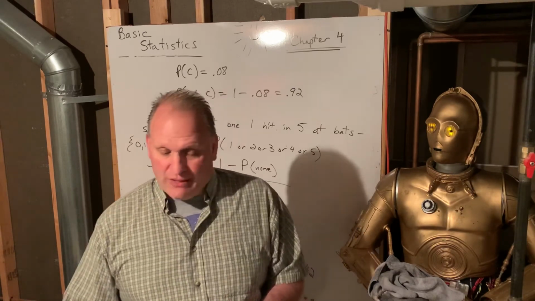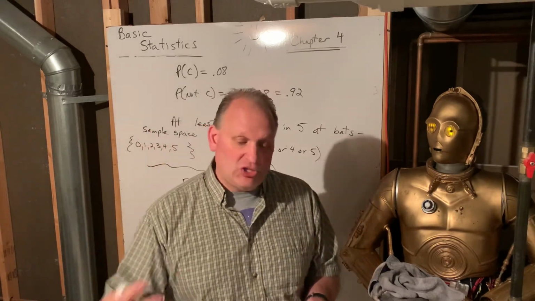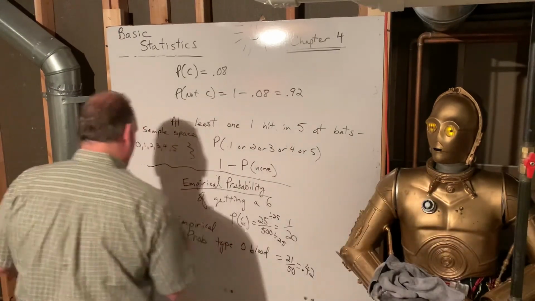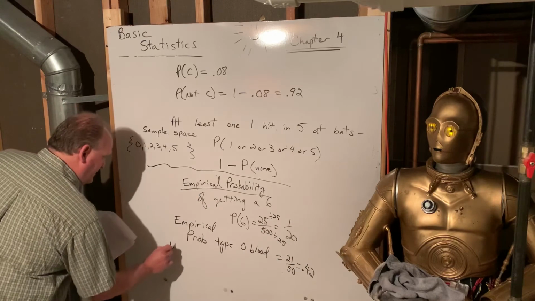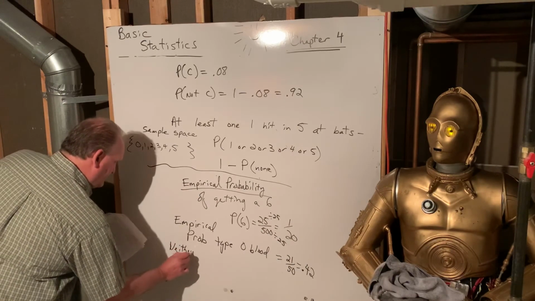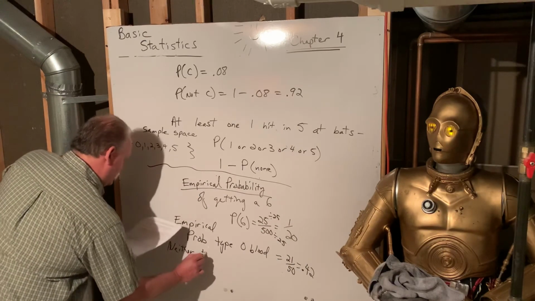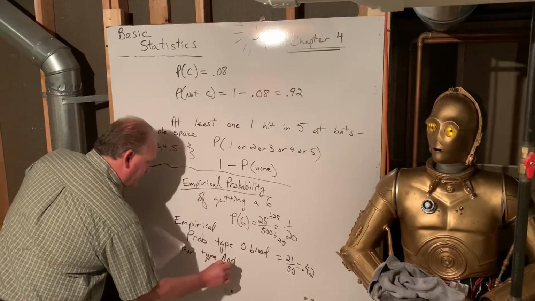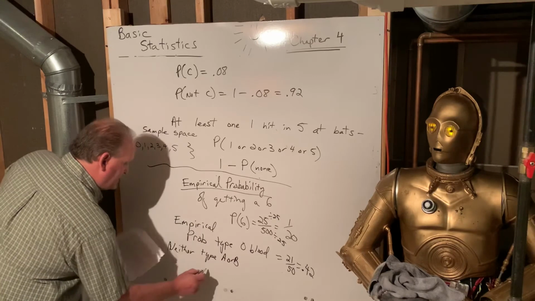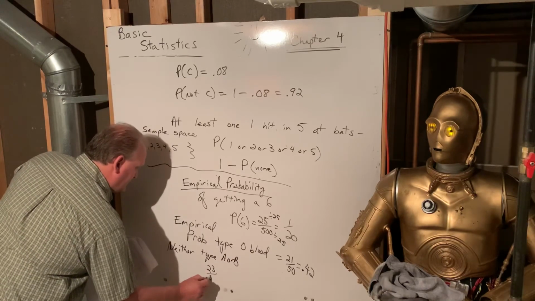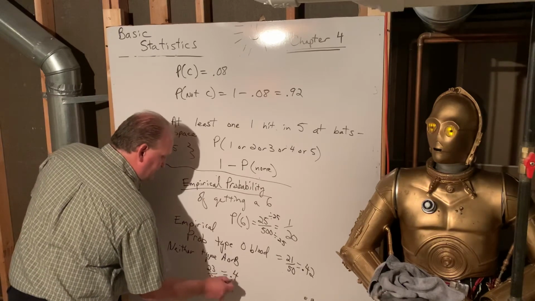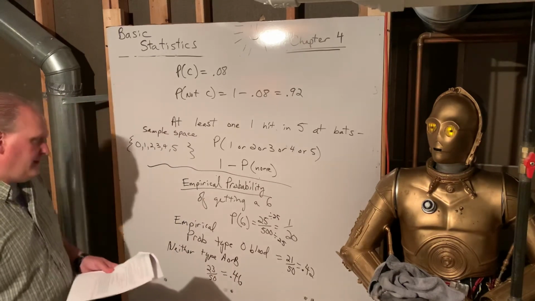So type O is 21, type AB was 2, so we're talking about 23 50ths there. So neither type A or B means 23 50ths, which is about 0.46. All right.